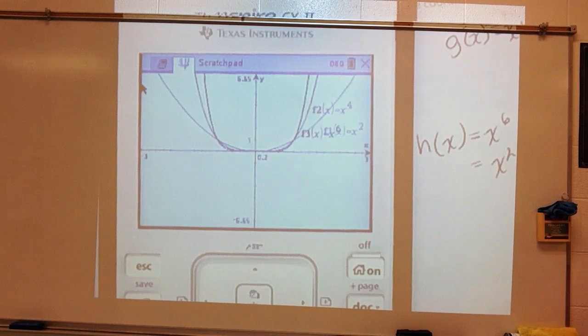So let's use these graphs to talk about something called end behavior. I want you to compare and describe the behavior of the value of f of x as the absolute value of x increases without bound. We have a term called end behavior.